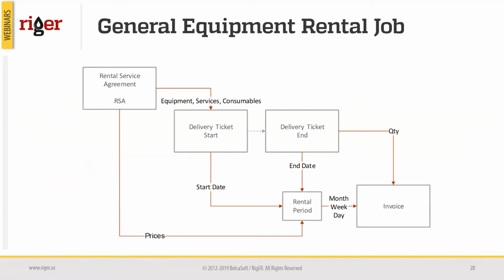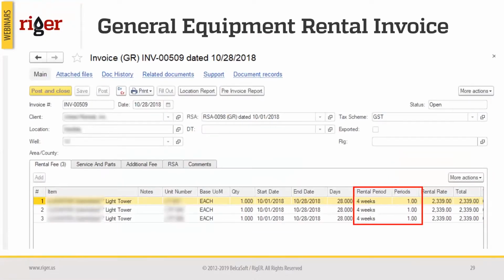And the question of what kind of period will be applied depends on the number of days between end date and start date. So it could be a monthly fee, or a weekly fee or daily fee, depending on that. And definitely we'll have different prices for different rental periods and quantity, as usual we will take from the delivery tickets, and we will generate the invoice. So Gleb, can you tell us about this one?